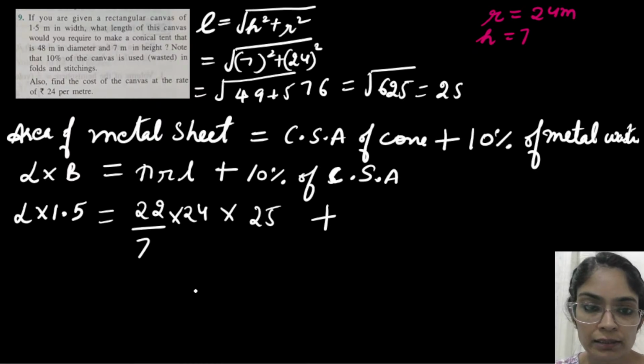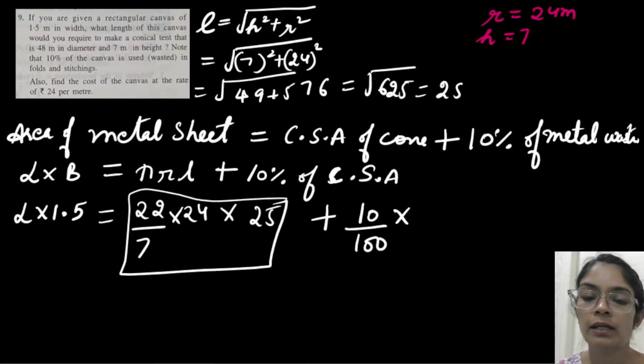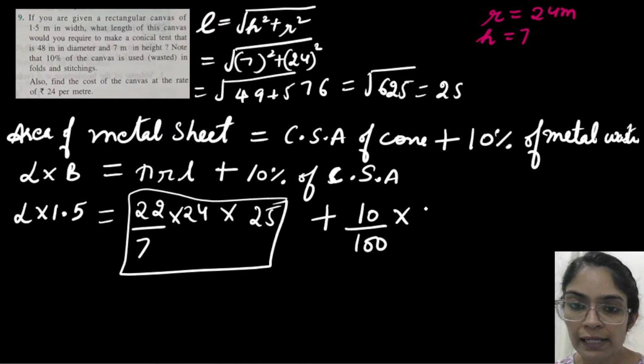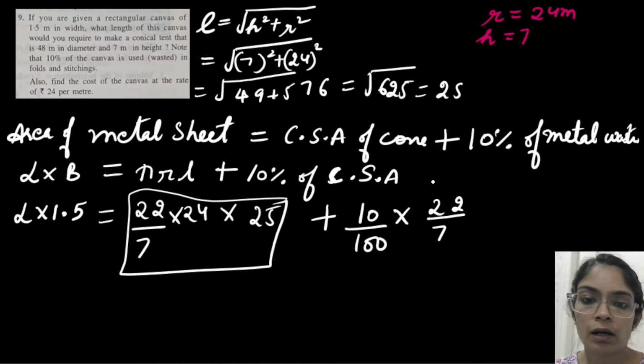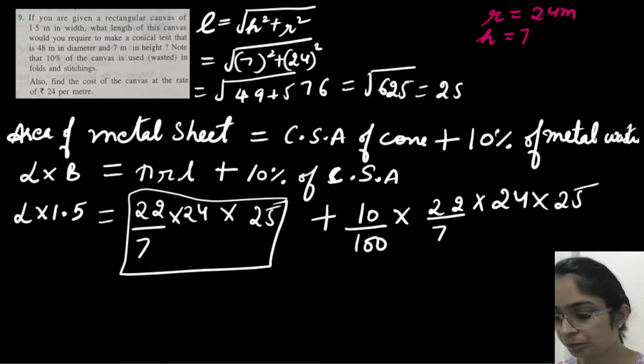So we'll do one thing, CSA we can find. 10% means 10/100 into this full thing. This is only CSA. I'll just rewrite the same thing, 22/7. Or else what we can do, we can multiply all and write the answer, then exact value we can write. So 22/7 into 24 into 25.